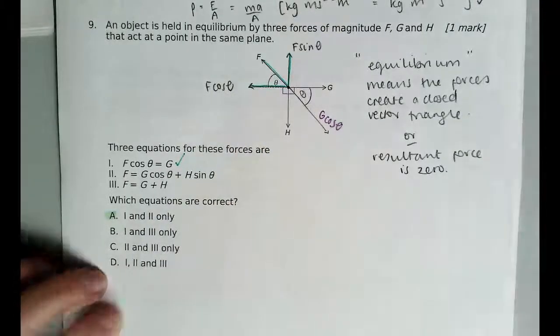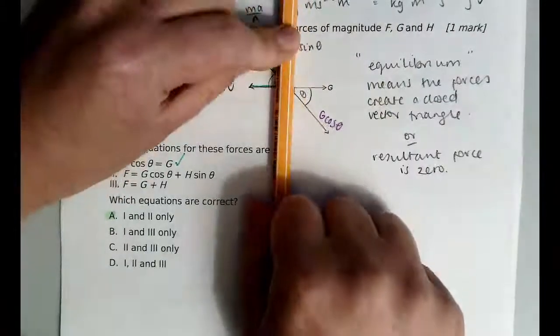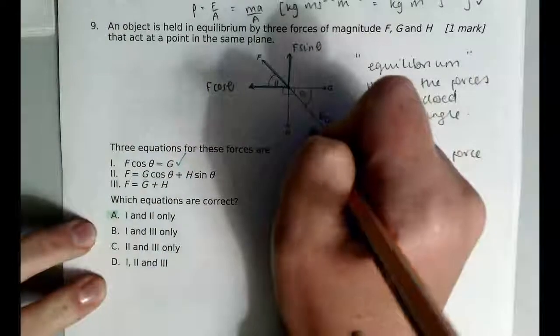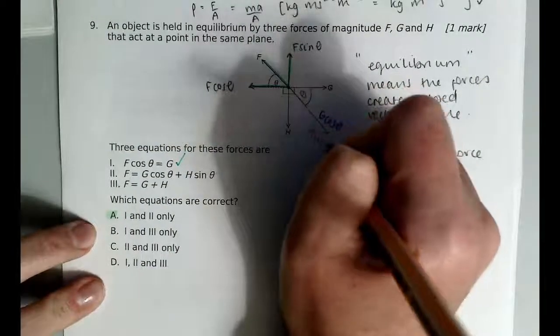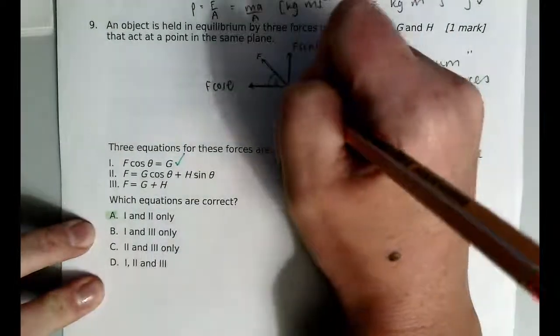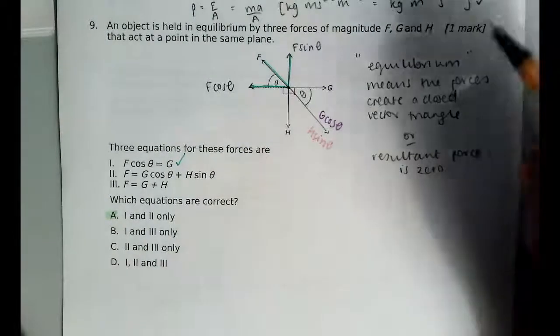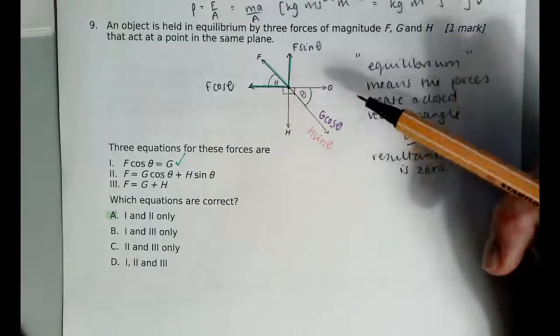I also know that H is sweeping through here, must be H sine theta, because I have a right angle here. Okay, so think about what we did with our resolving vectors.